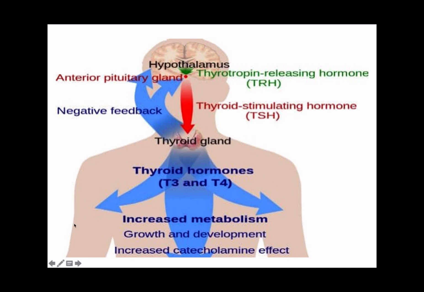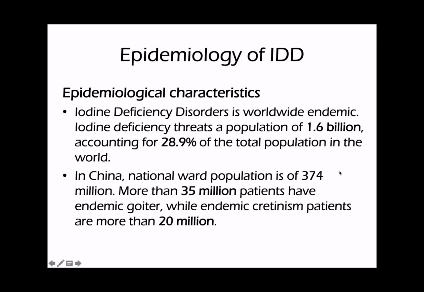Thyroid hormones are really important for human health because they increase metabolism, growth and development, and also increase the catecholamine effect. So when iodine is not enough, there is a negative feedback which stimulates more production of TSH and also the enlargement of the thyroid gland, trying to accelerate this procedure, which forms goiter.